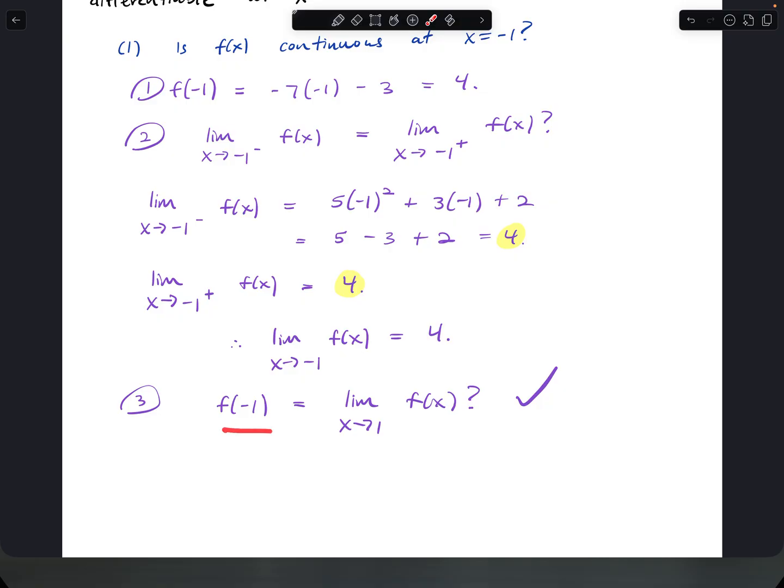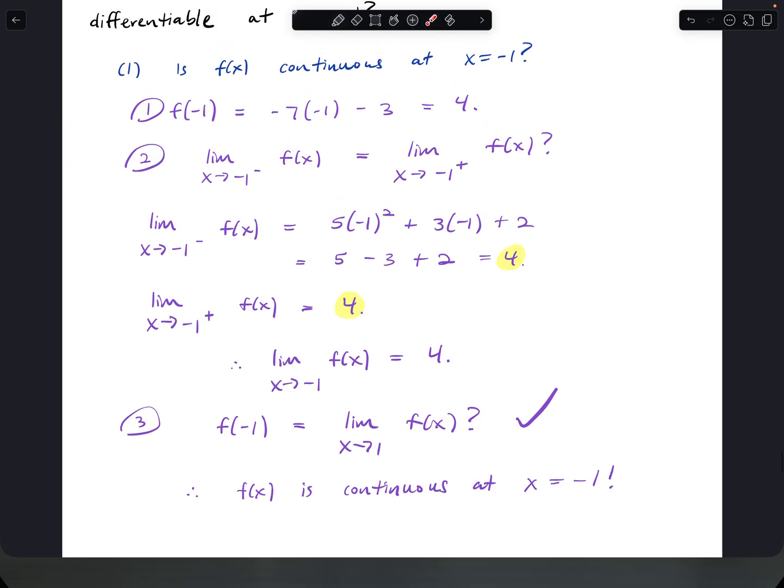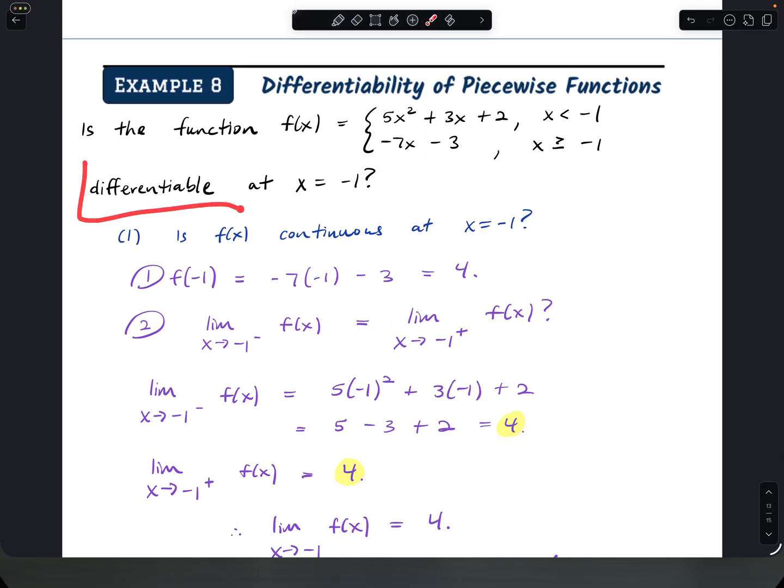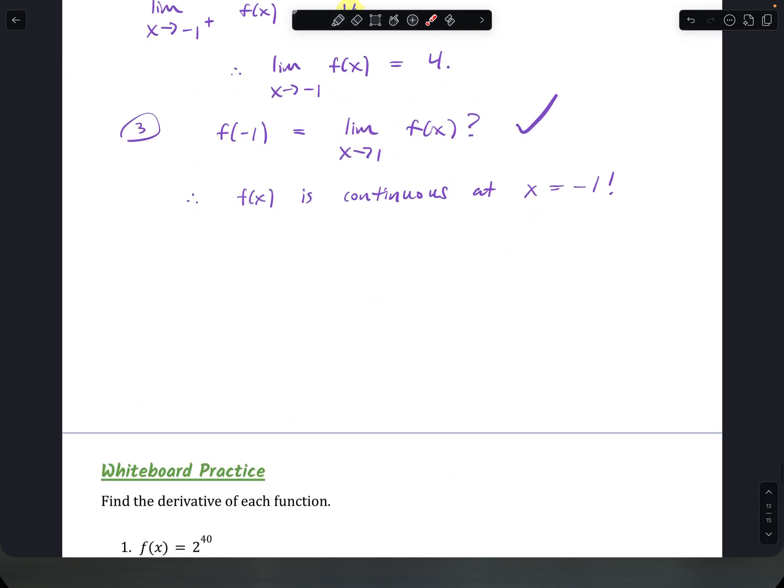Because these two things are true, we can say, therefore, f of x is continuous at x equals -1. If this wasn't true, then we could just stop the problem, because if it's not continuous, it can't be differentiable.